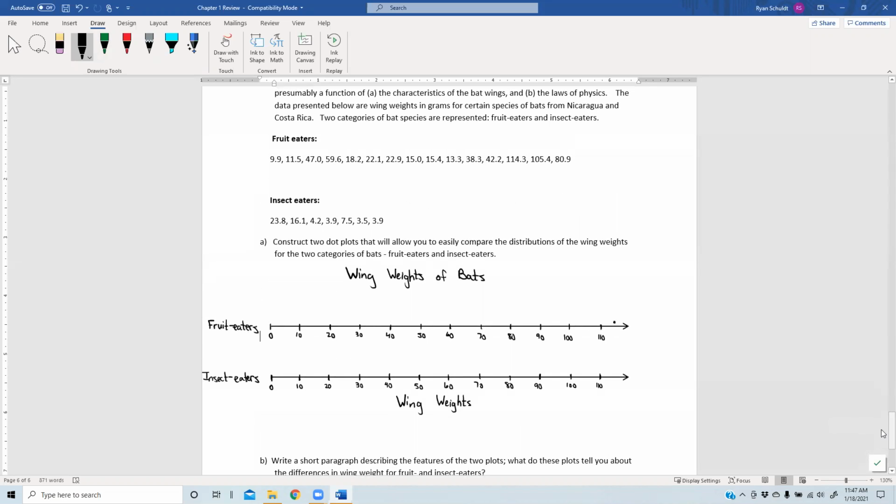The wing weights are in grams. So I'm going to put down in parentheses, this is in grams. Wing weights in grams. Okay. So now we go through for fruit eaters and we'll plot all of these points.